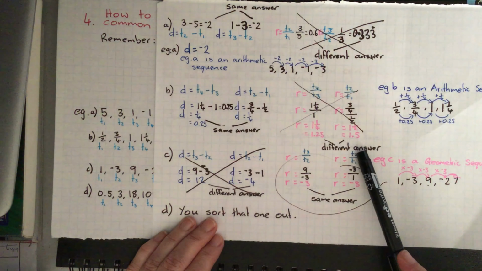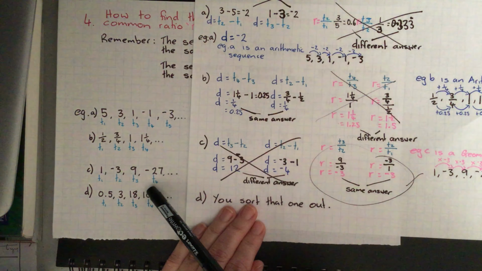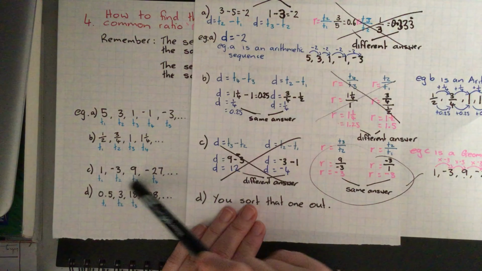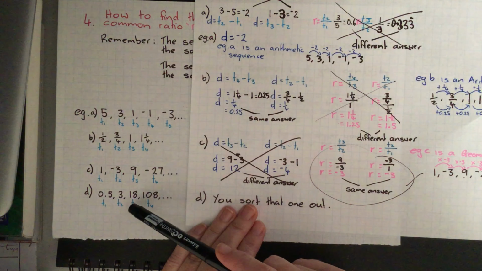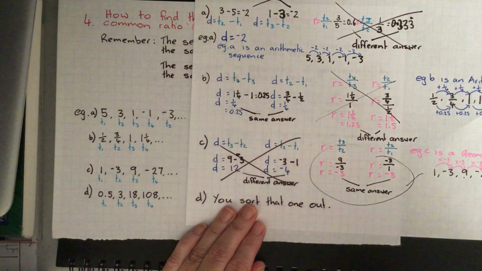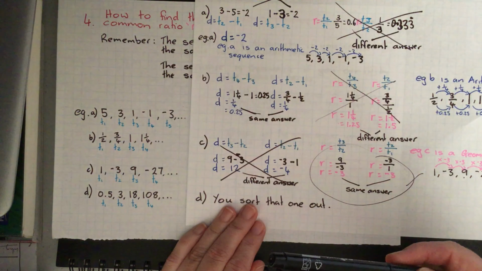In sequence number C, 1, -3, 9, -27. Now here we've got an alternating pattern. If you ever have an alternating pattern and it's geometric, I'll explain what the common ratio will be, okay? I tested to see if it was arithmetic.